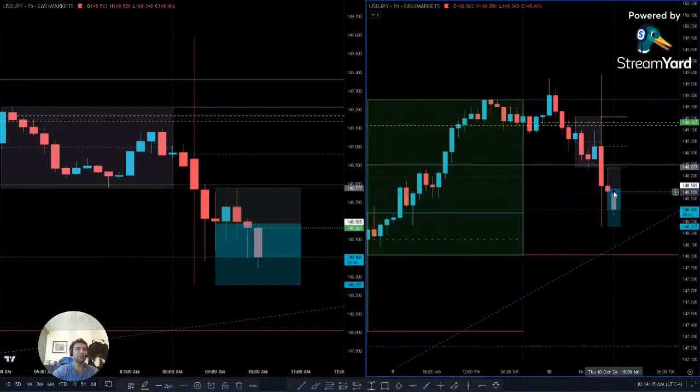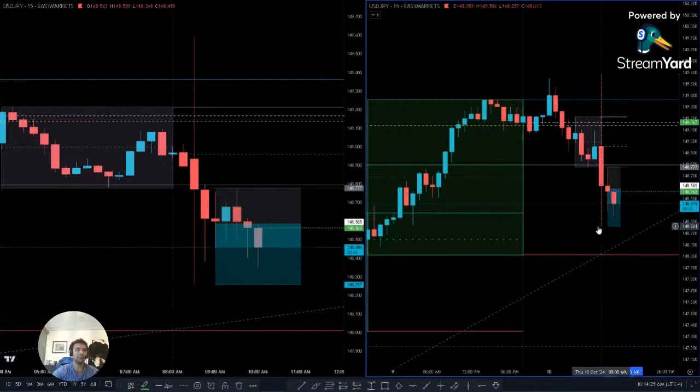Letting the position run when it's a CPI is a good deal, but we can take another partial here. It's not a problem, but you are supposed to have the size for that.